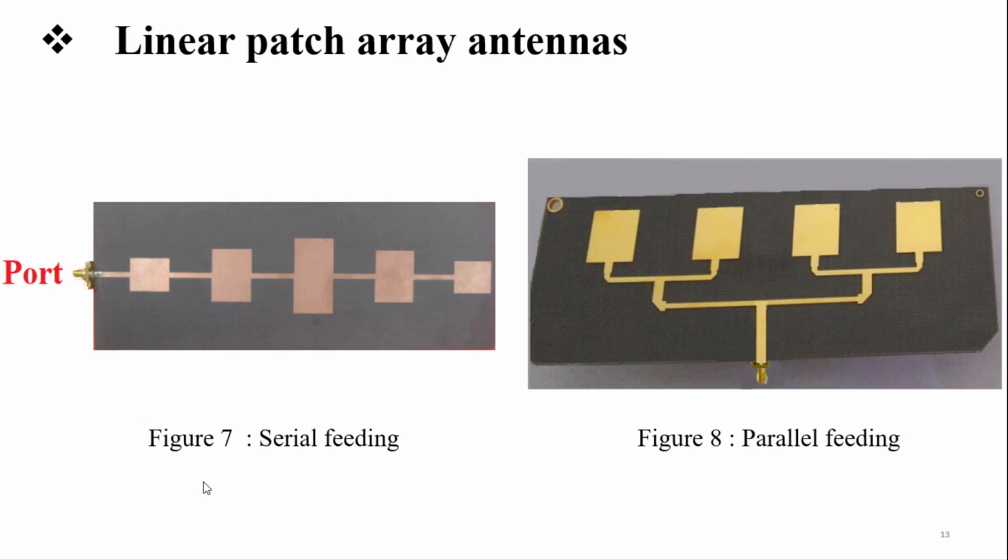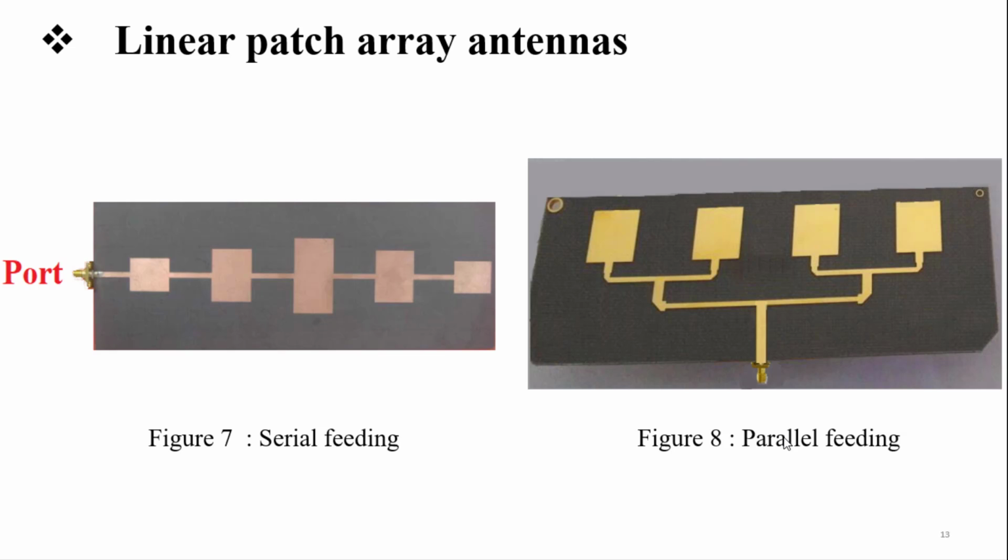For serial feeding, figure 7, when I change the frequency at the input port, the phase shift between radiating elements changes. But for parallel feeding, when I change the frequency, the phase shift between radiating elements stays stable.